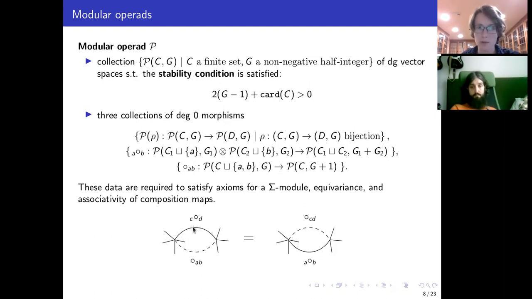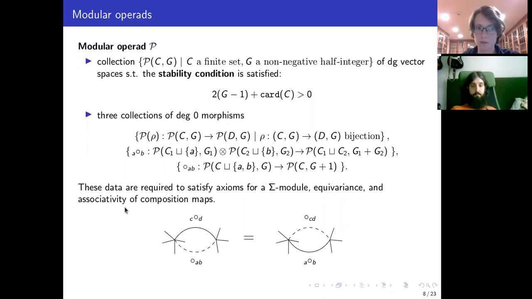You can think about the elements of the modular operad as some kind of corollas, where you have the set C of the legs, and G is like an index assigned to the vertex. And when you have these composition maps, you can think about them as connecting the legs of two corollas, contracting them and getting a new corolla. So this is a picture you can have when I'm talking about the modular operads.